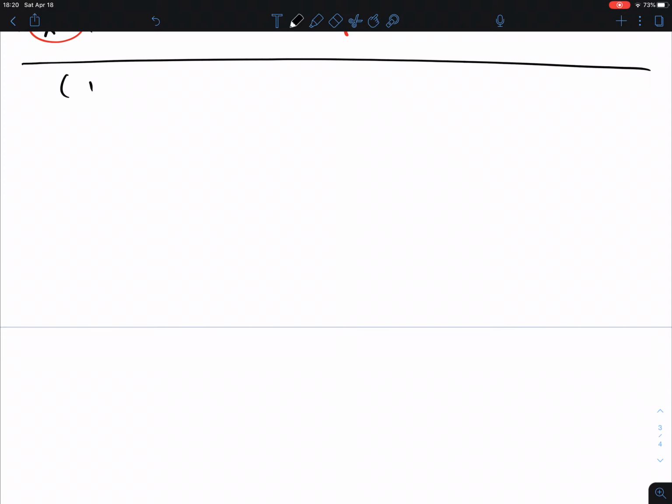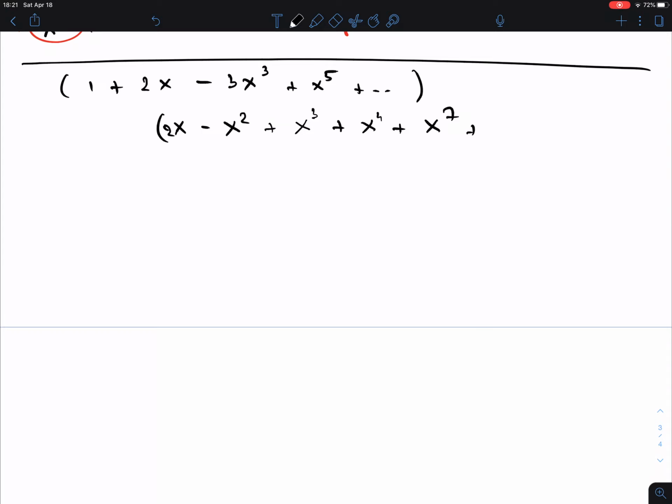Let's multiply 1 plus 2x minus 3x cubed plus x to the 5th plus dot dot dot, with 2x minus x squared plus x cubed plus x to the 4th plus x to the 7th plus dot dot dot.